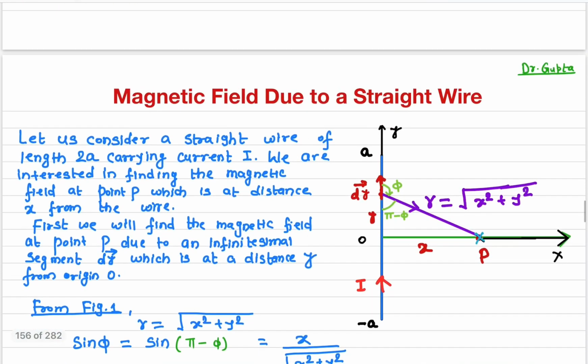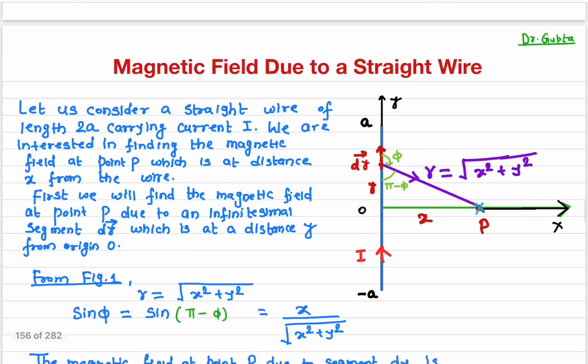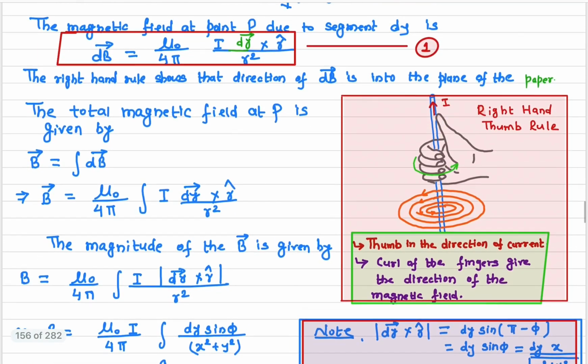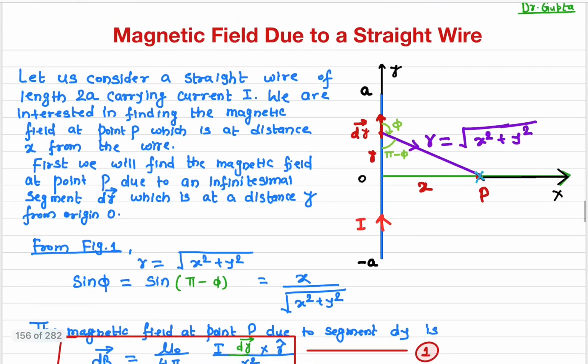If the wire is on the plane, on the iPad or on your paper, and the current is passing this way, then the magnetic field will be into the paper, just by using the right hand thumb rule.